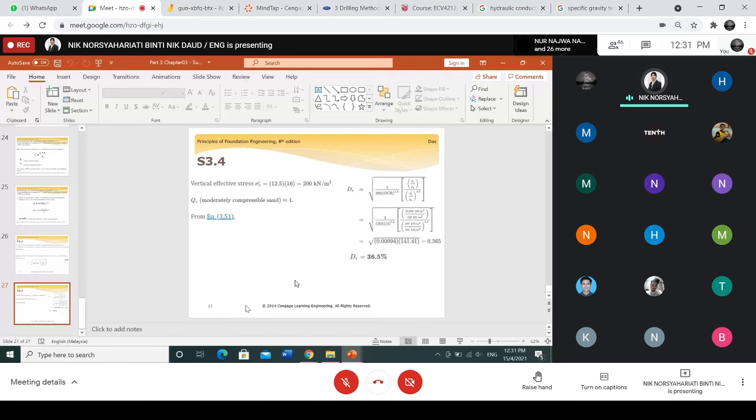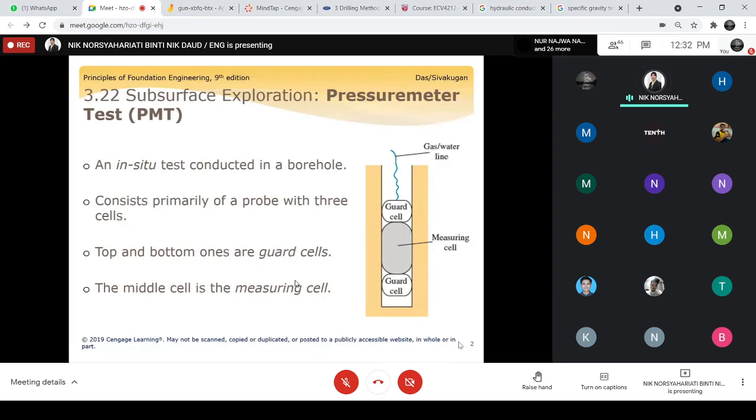Right, and another related test is the pressuremeter test, or simply abbreviated as PMT. This is also an in situ test. You have your borehole, then you can use the pressuremeter test here.